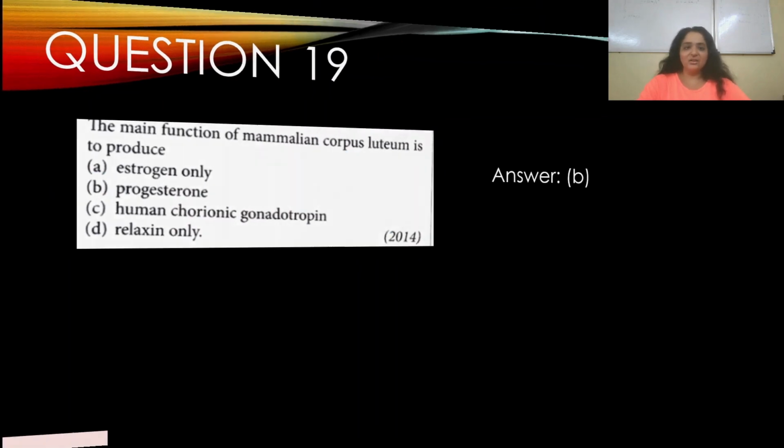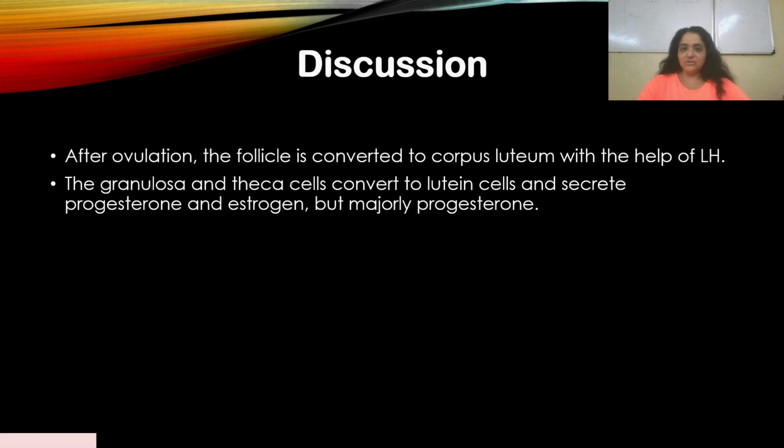So after ovulation, the follicle is converted to corpus luteum with the help of LH. The granulosa and theca cells convert to lutein cells, and secrete progesterone and estrogen, but majorly progesterone. There is some estrogen also being secreted, but mainly it's progesterone.